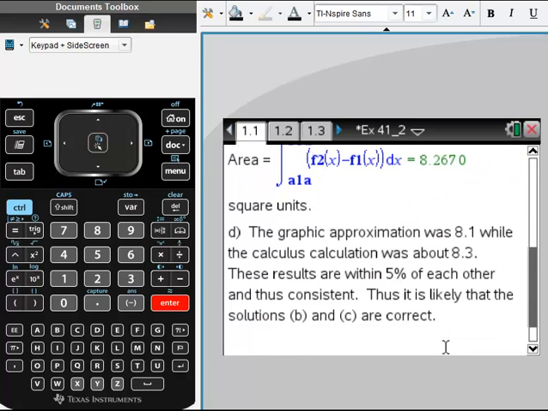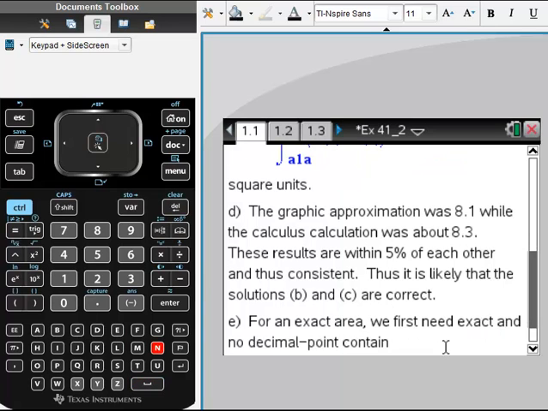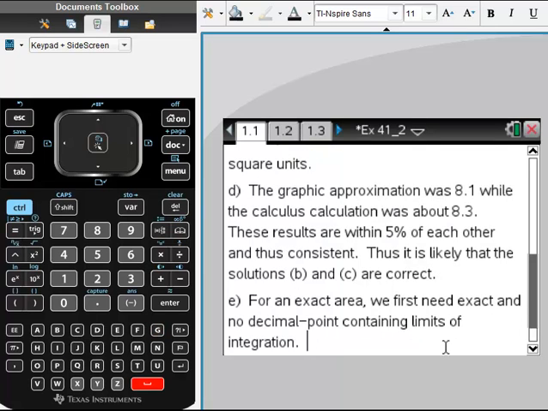Okay, enter. E. For an exact area, we first need exact and no decimal point containing limits of integration. Okay, we succeeded with this, and we can refer to page 4.